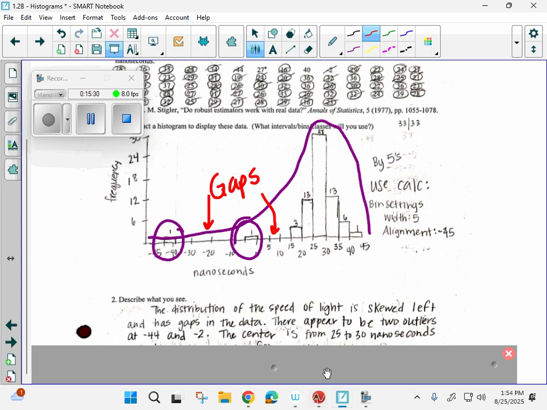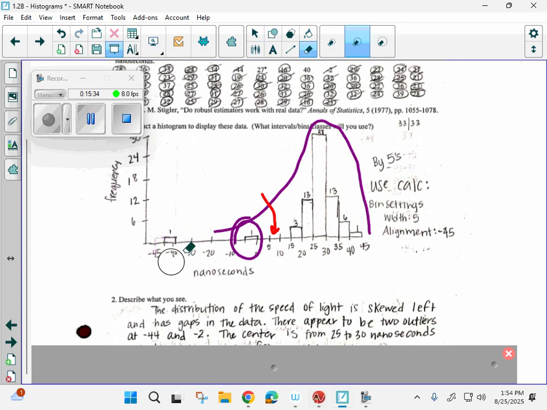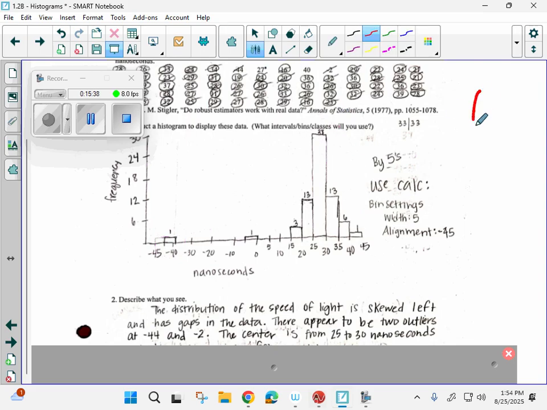Now, for the center, it's really important you know how to find the median on a histogram. So there were 66 numbers, which means we split it in halvesies. So it's between the 33rd and 34th spot. We add from left to right. 1 plus 1 is 2, and 2 plus 3 is 5. I'm at 5 data points now. And then I'm going to add here 18.